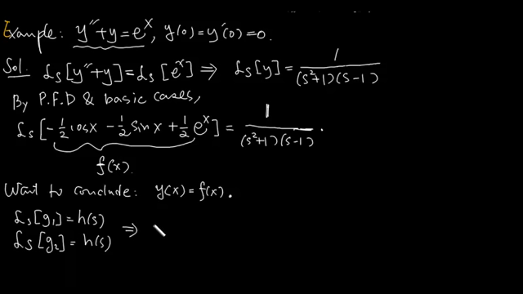Can we conclude g1 is equal to g2? The answer is no. If you think about the basic linear operator, even the first order and second order linear differential operator, if the kernel is non-zero, if there's a kernel element, and you throw in g1 plus the kernel element, it's not going to affect this hs.